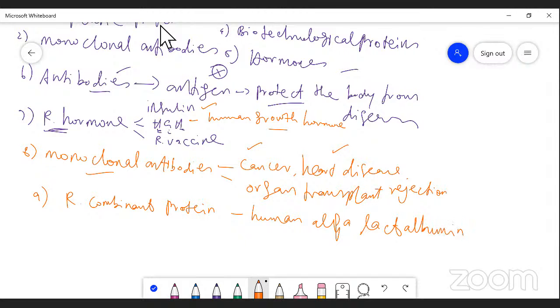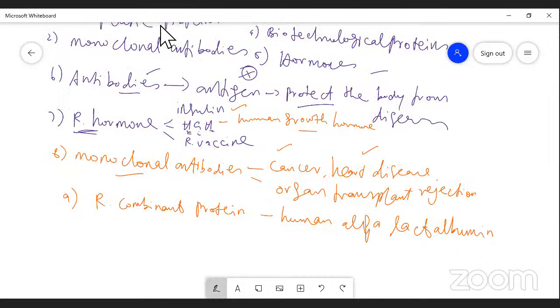This is also available today. These all are approved bioproducts for today's usage.